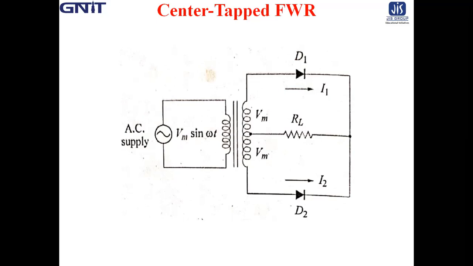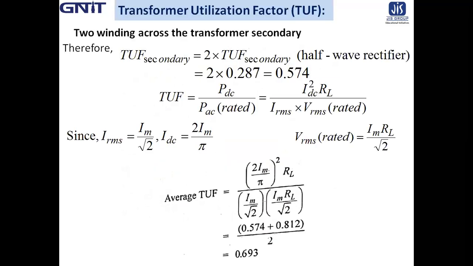Then we go for the transformer utilization factor. We know that there are two windings across the transformer secondary of a full wave rectifier. So TUF secondary is calculated as 2 times the TUF secondary of the half wave rectifier.